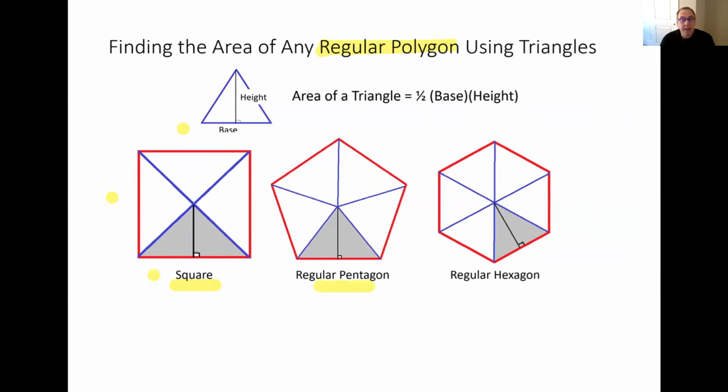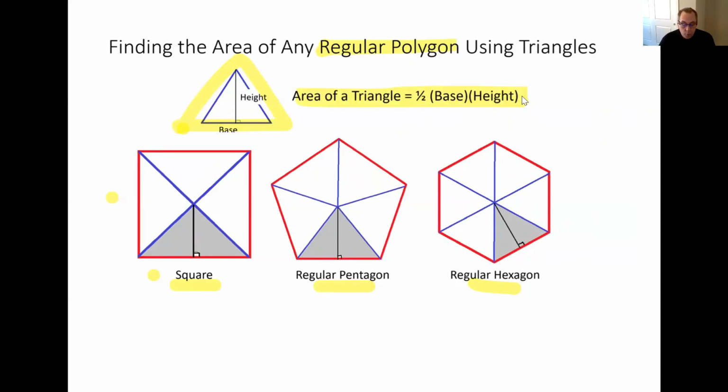This here is a regular pentagon, 5 congruent sides and angles, and a regular hexagon. So the technique that we're going to explore today involves breaking up these regular polygons into smaller triangles, because we know how to find the area of a triangle using this formula, 1/2 base times height.